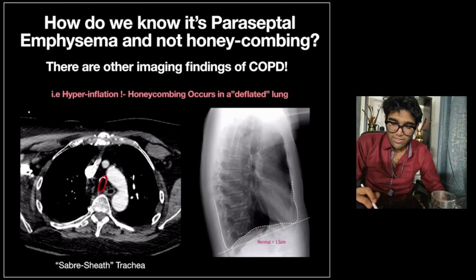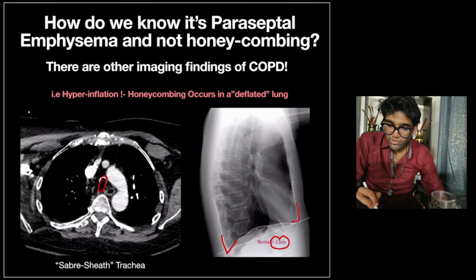As you can see on a lateral x-ray, the diaphragmatic dome should be more than 1.5 centimeters above a line joining the posterior end of the costophrenic angle and the anterior end of the costocardiac angle, this angle.